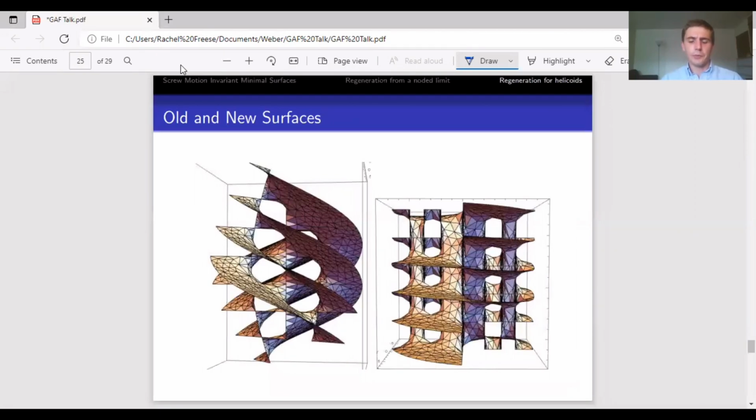Okay, so let me talk quickly about a few of the types of surfaces that we get from that. Pretty much we get all of the different screw motion invariant minimal surfaces that we knew of already. Again, it's still a small family, so it's an open question: can we show how big that parameter can get?